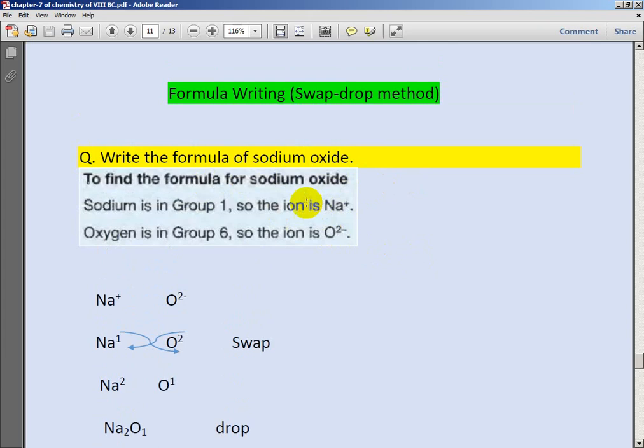To find the formula for sodium oxide, sodium is in group 1, so the ion is Na plus, and oxygen is group 6, so the ion is O 2 minus. So at first you will remember these things. You have prior knowledge about what the charge will be.